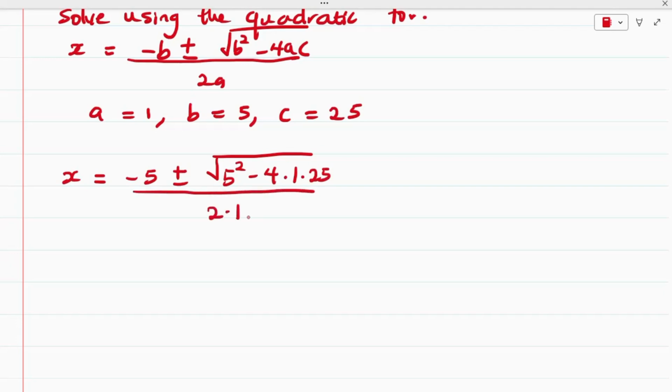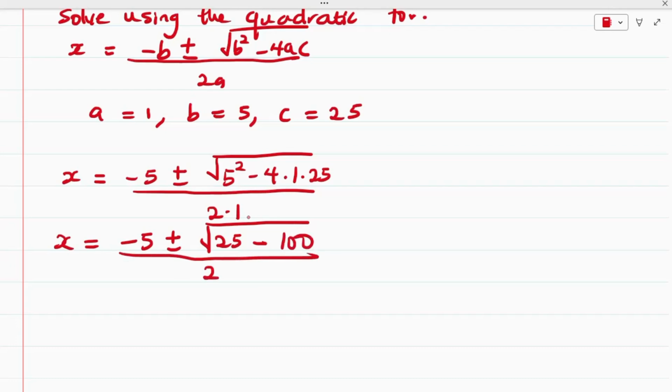So from here x is equal to minus 5 plus or minus the square root of 5 squared is 25, 4 multiply 1 multiply 25 is going to give us 100, all over 2 multiply 1 is 2. So x is equal to minus 5 plus or minus the square root of 25 minus 100, which is going to give us minus 75, over 2.